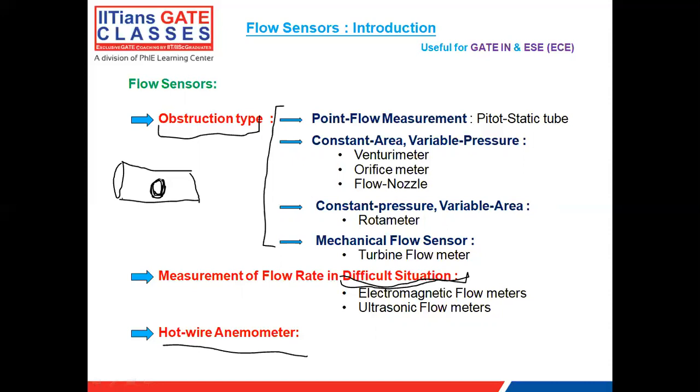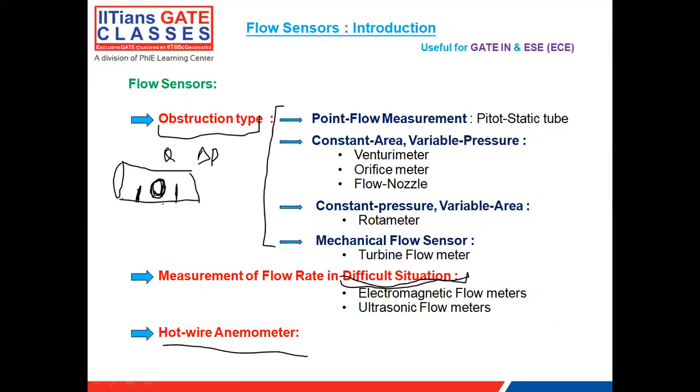If fluid is flowing with some pressure and you place an obstruction, definitely there will be a pressure drop, a pressure difference between the first point and the second point. And you know the relation between Q and del P: there is a relation between the differential pressure and your flow rate.